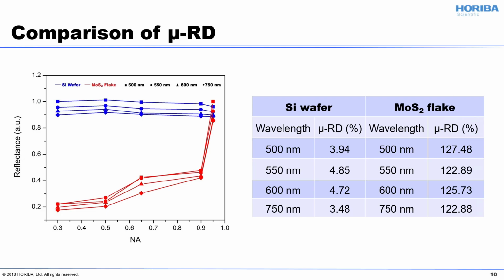But on the scattering surface, here the MoS2 flake, the micro reflection difference is around 30 times larger than the silicon sample surface, and we can see that the reflectance is increasing while the numerical aperture is increased.